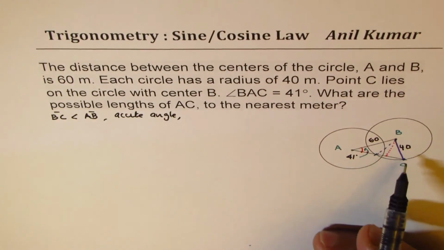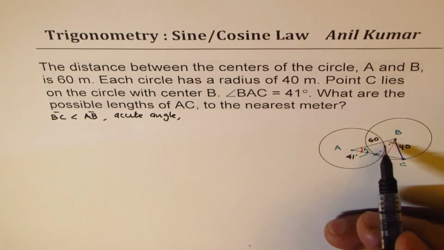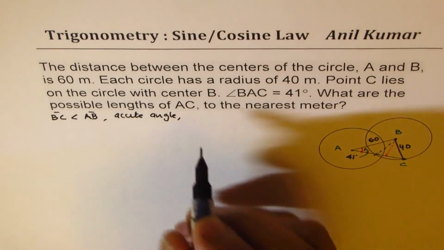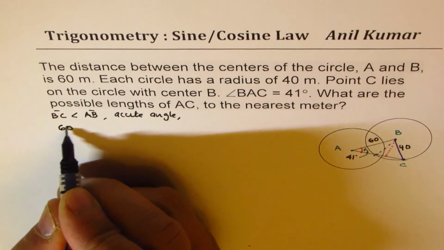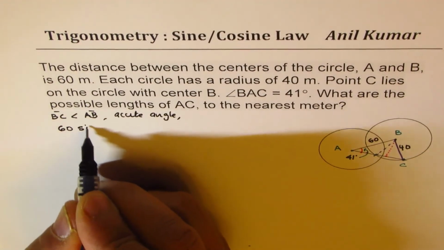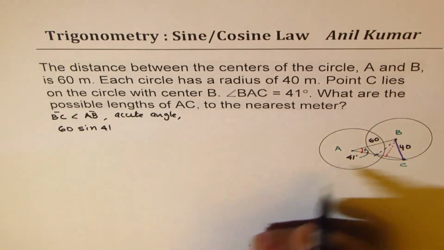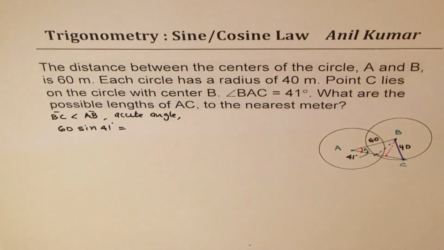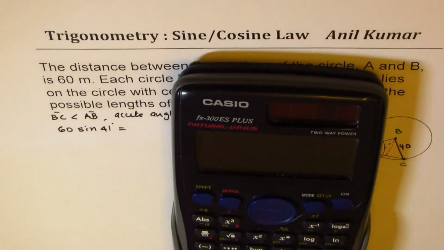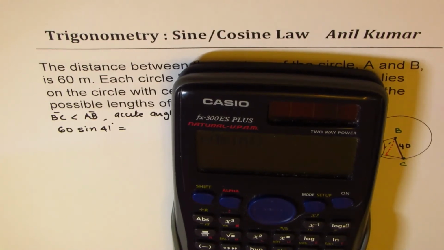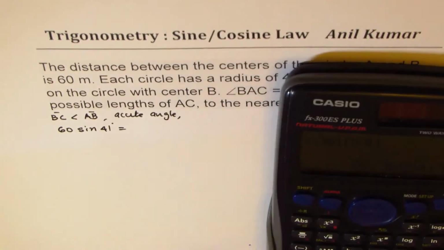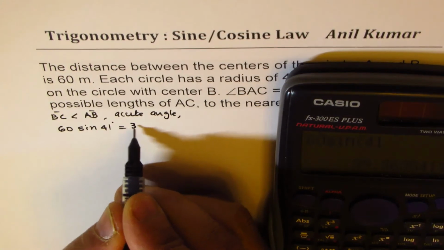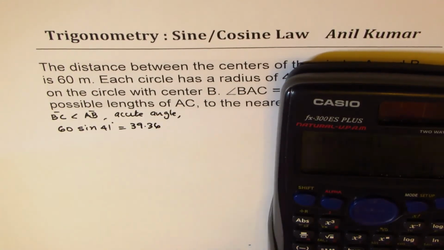So we'll compare 40 with 60 sine theta. Let's calculate 60 sine of 41 degrees. That gives us 39.36. Correct?